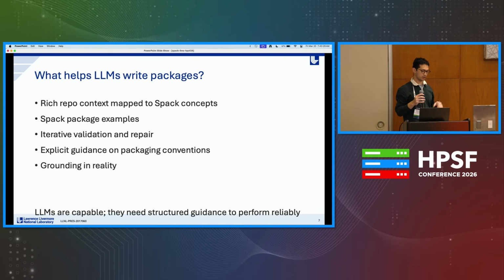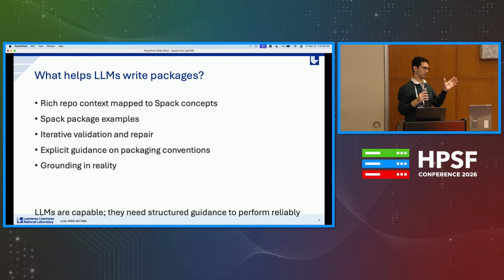And this is something Harmon mentioned a couple weeks ago, and I've also found good success in, that they need to be grounded in reality. It's back to this idea of them trusting build system files and existing Spack references a little too much.